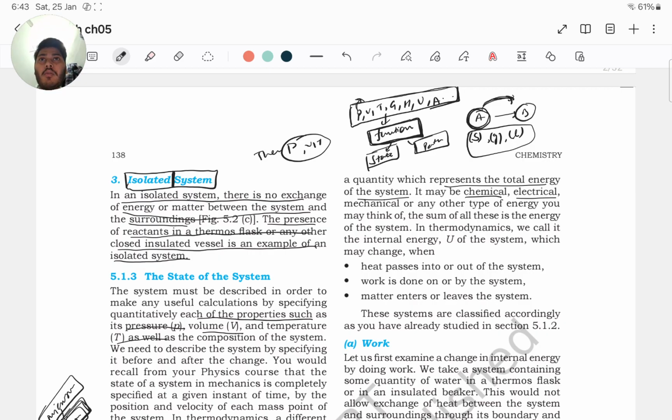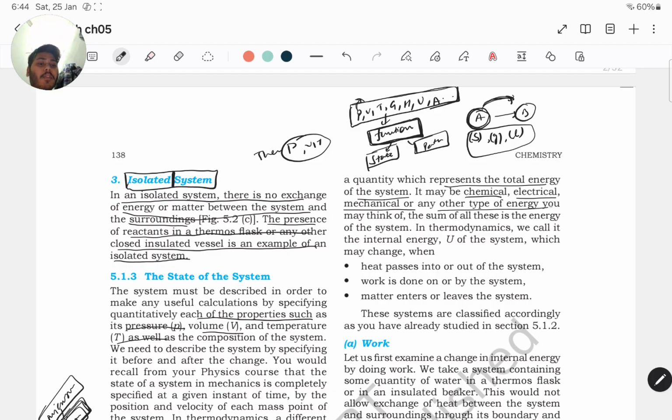When we use the pedal to move the wheel, then after a long time, when you touch the pedal area, the gear area, you can feel some heat there. So how can the heat be generated? That is what we are discussing. So with mechanical energy, we can generate heat also.